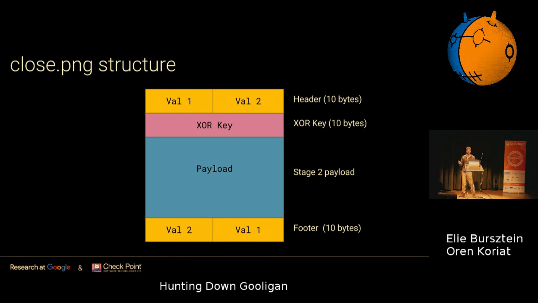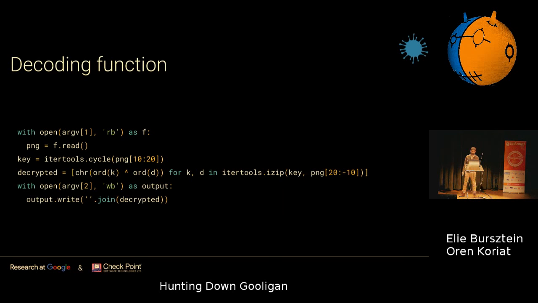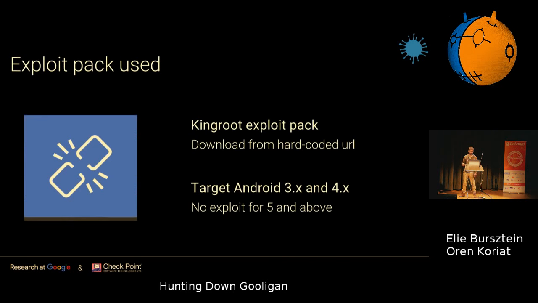So this is some kind of weird and primitive checksum, and then it decrypts the actual payload. So this is Python code that emulates this description. You can see that the key is within the PNG, and that's just a simple XOR algorithm.